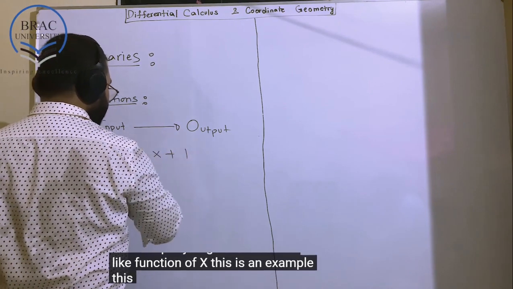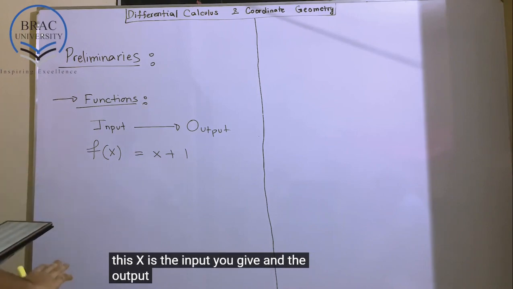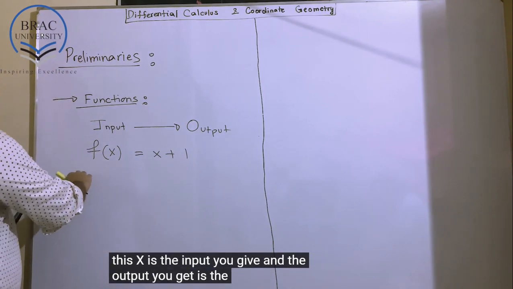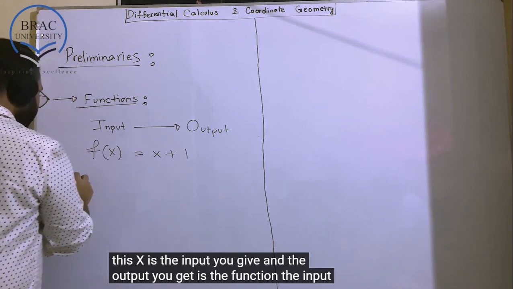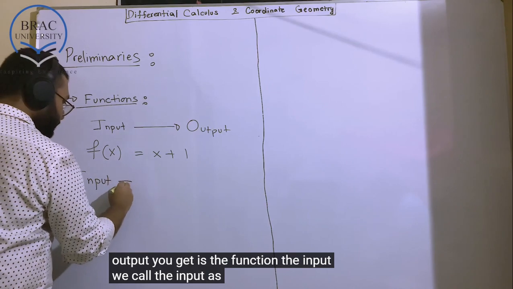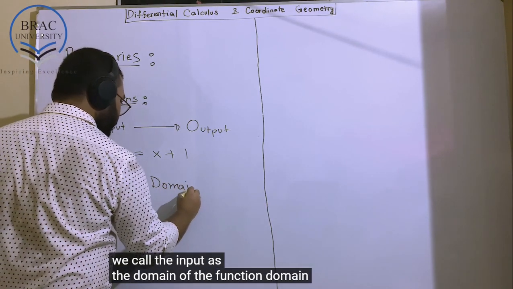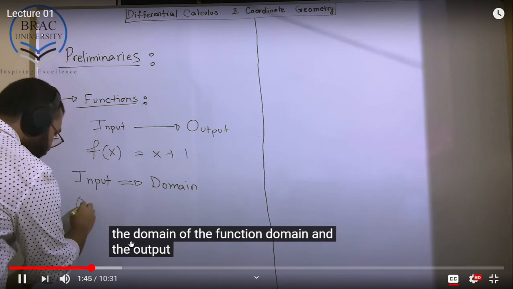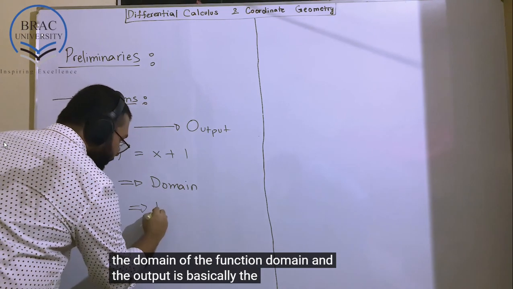This is an example. This x is the input you give, and the output you get is the function. The input, we call the domain of the function, and the output is basically the range.